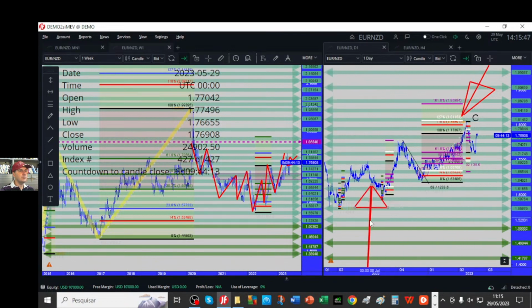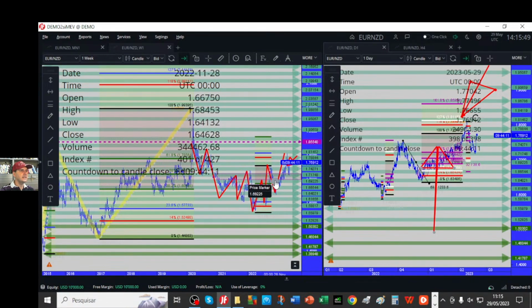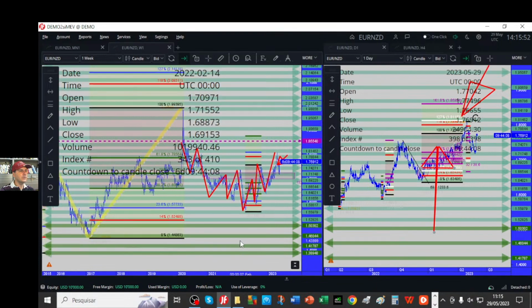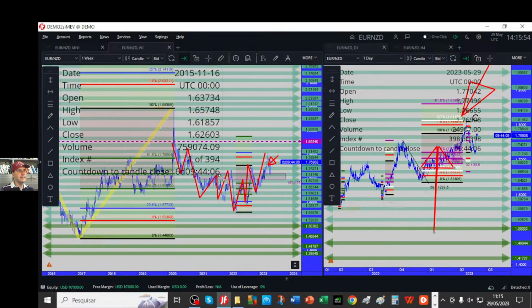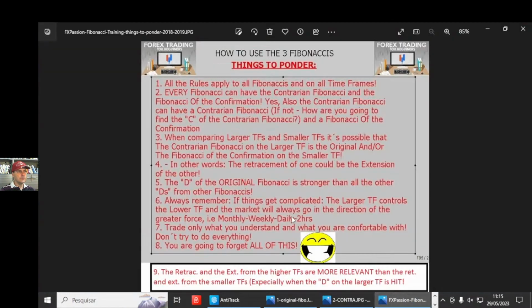Isn't the retracement on the daily the extension on the monthly and the weekly? Isn't the monthly and the weekly extending? This would be number 4. The retracement of one could be the extension of the other.